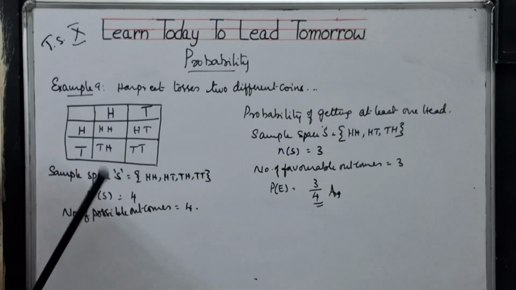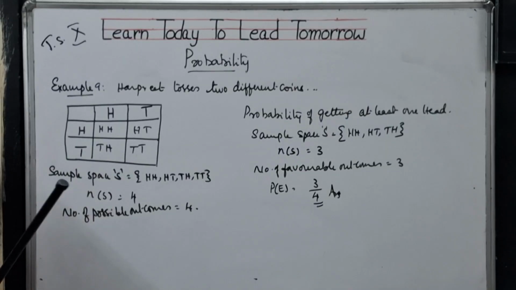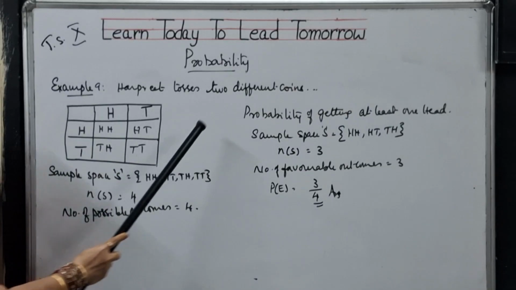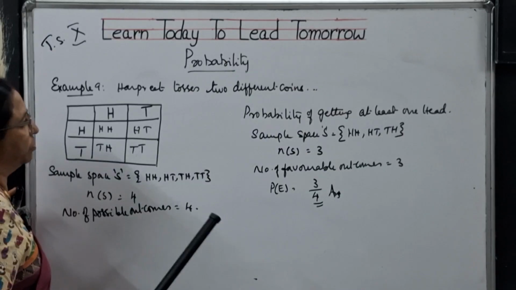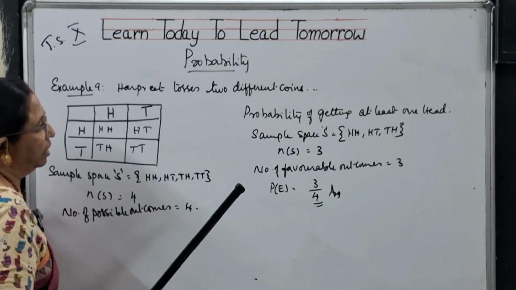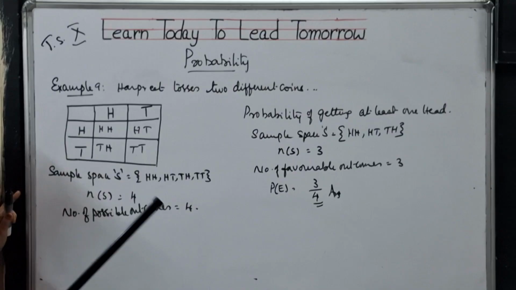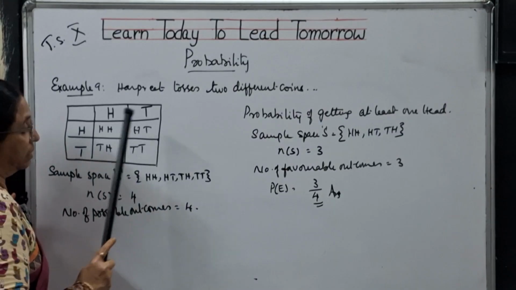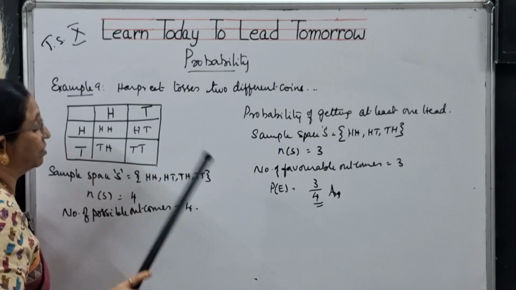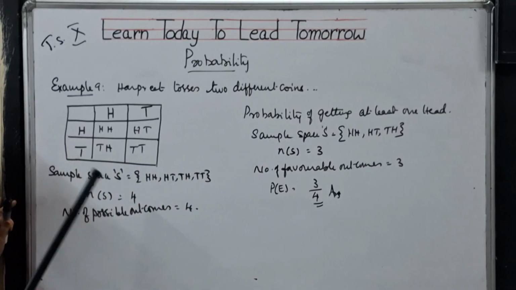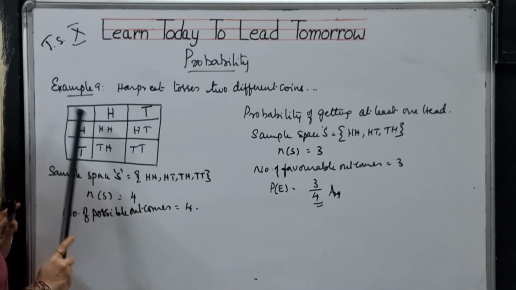So let us see once again. Harpreet has tossed 2 different coins simultaneously. Now the question is, what is the probability that she will get at least one head? To know the sample space, that means all the possibilities that we will be getting, that is possible if you draw this checkerboard.